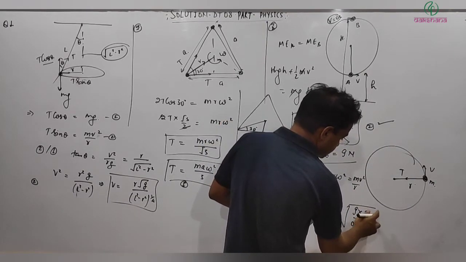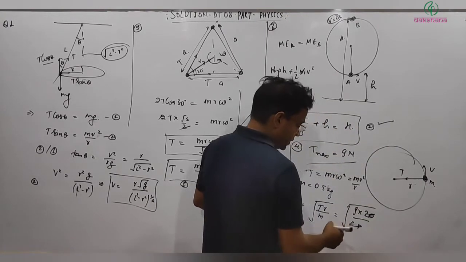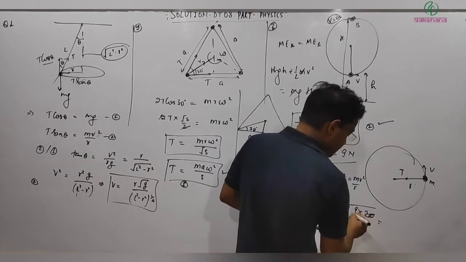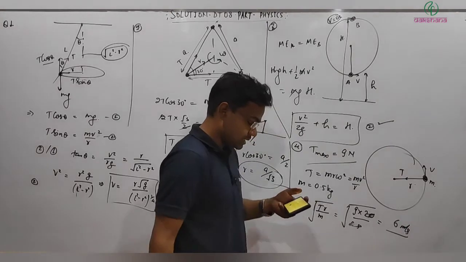So this implies 20 divided by 0.5, it's like 4, and then taking root of that, it will come out to be 3 into 2, that is 6 meter per second.